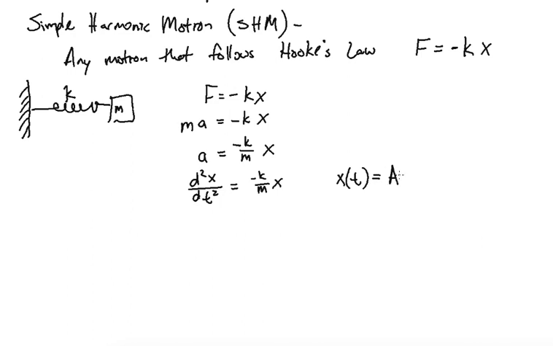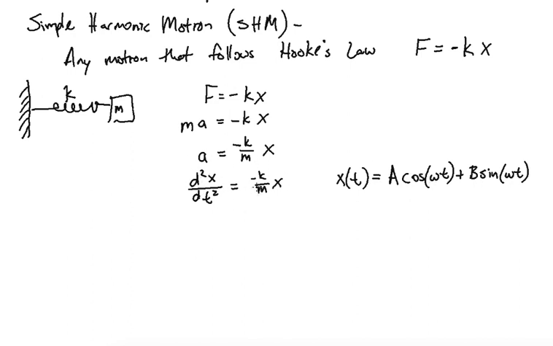It's of the form: some number a, I chose a for a reason, a times the cosine of omega t, where omega is the angular frequency, plus b, some other number, times sine of omega t. If you take two derivatives of it, it will give you something of this form.